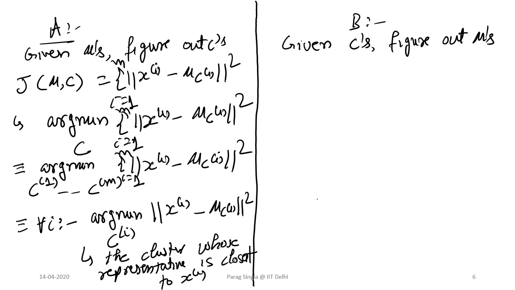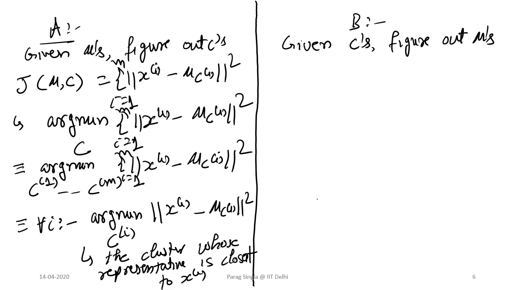The solution to this discrete optimization problem is simply for each ci, we assign that cluster index whose mu is closest to point xi. This is not very difficult to verify. Okay, very good, so this is fine.